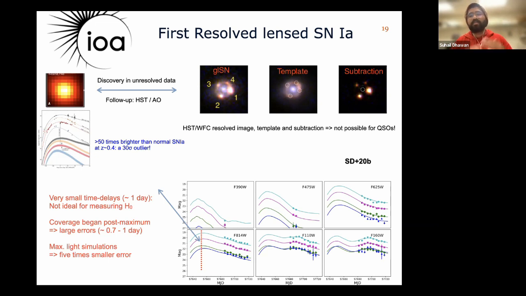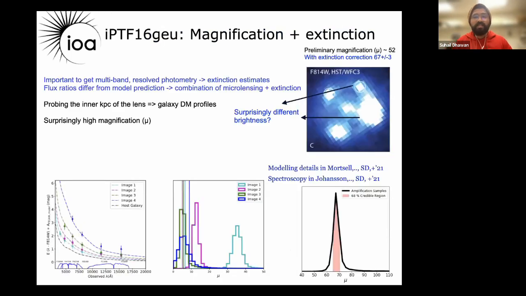Because it's very symmetric, the time delays are very small, of order a day or less between the 4 images. And given that the coverage began a lot after peak, the uncertainties are too high to do a direct H0 inference. But there's a lot of complementary science that's very exciting with this lensed supernova system.